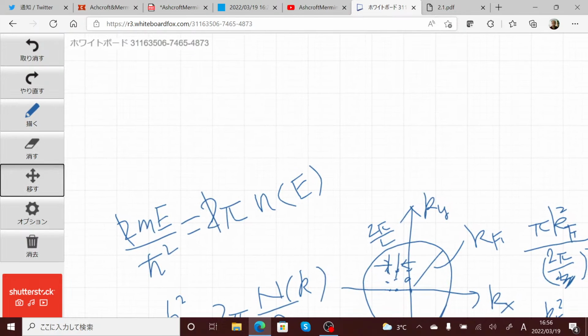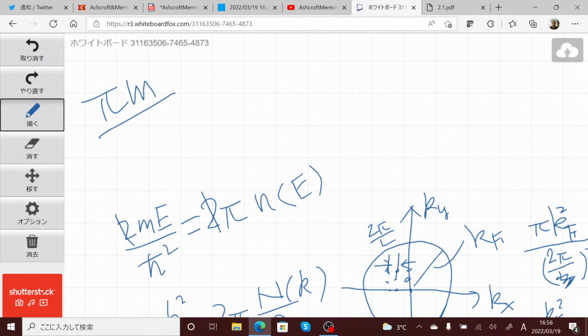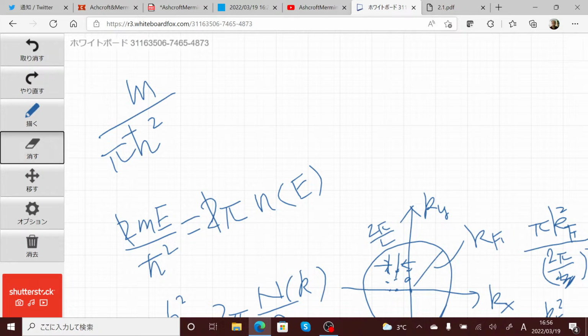Let's see. I can go up. Pi m over h bar square, I'm sorry, pi downstairs. Pi and m equal n of e.